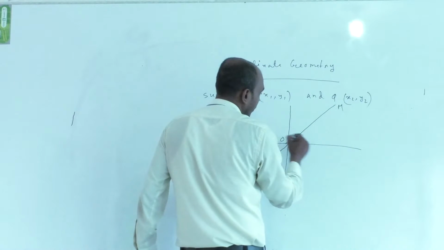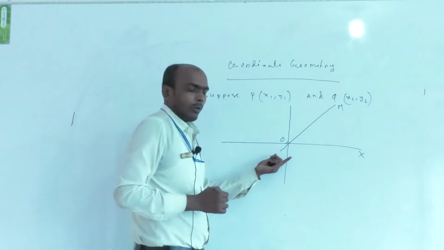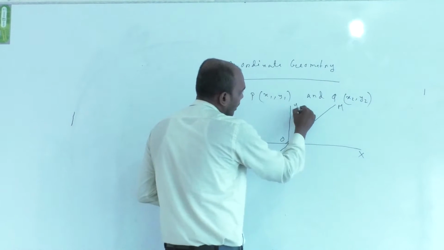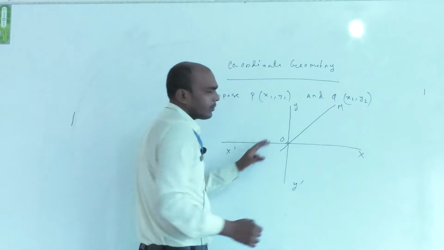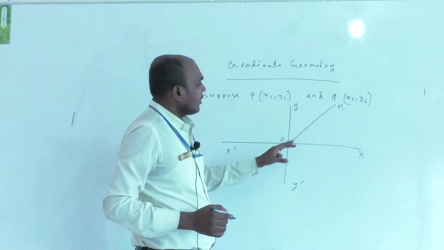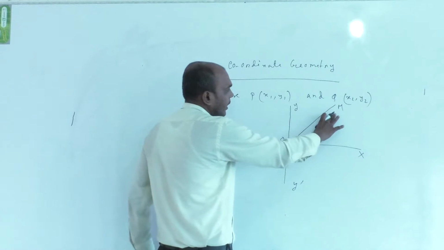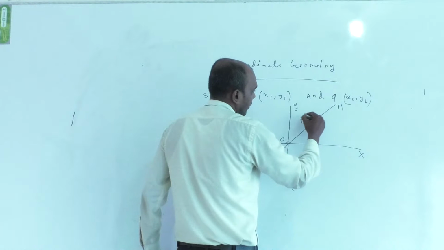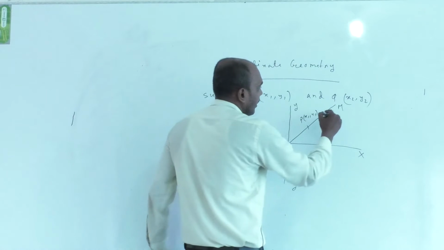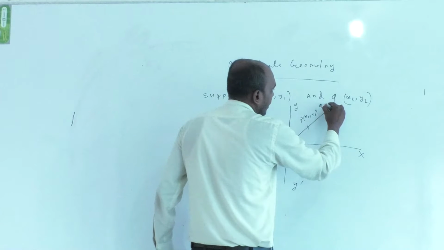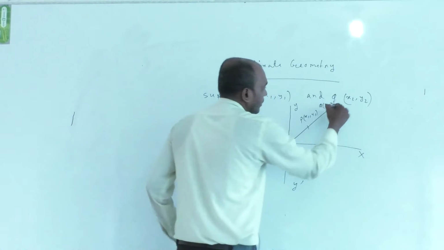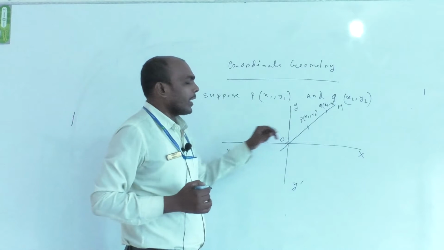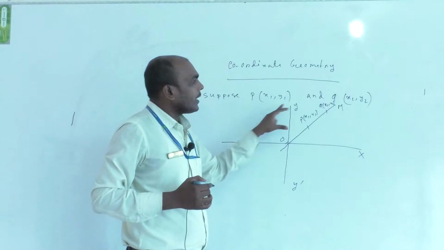Here is the origin, and this is X'OX, the x axis, and Y'OY, the y axis. On the line OM, P is any point, suppose (x1, y1), and Q is (x2, y2). These are the 2 points. Now see how to find the distance between P and Q.